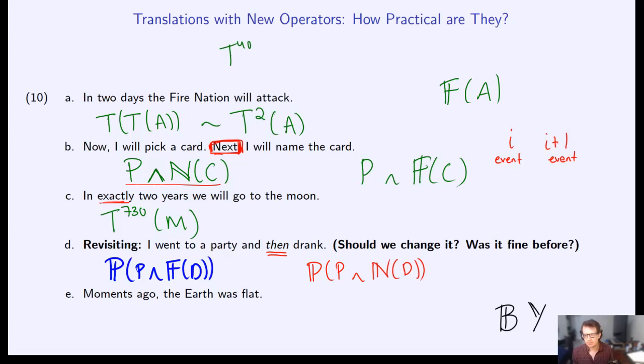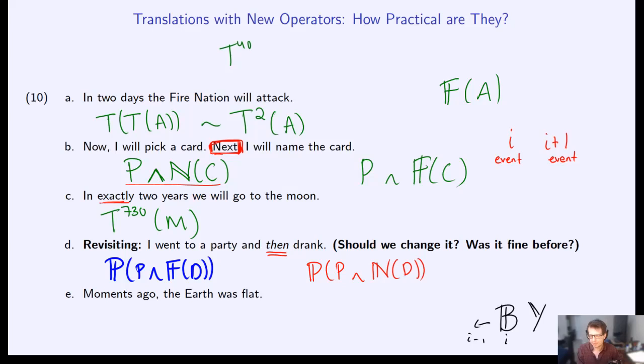So this one is E: "Moments ago, the earth was flat." Now, if next moment is i and i plus one, and B means the previous time, so if B is i, then this takes you to i minus one.